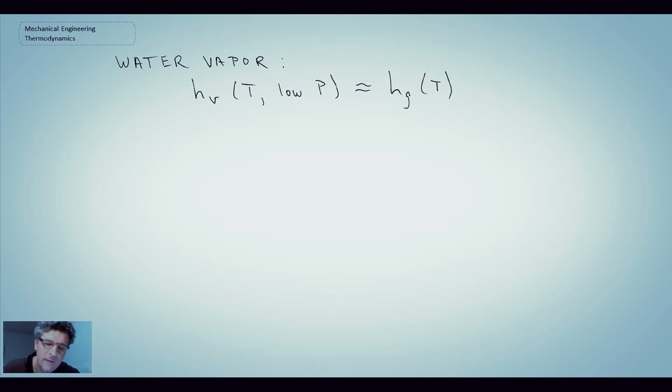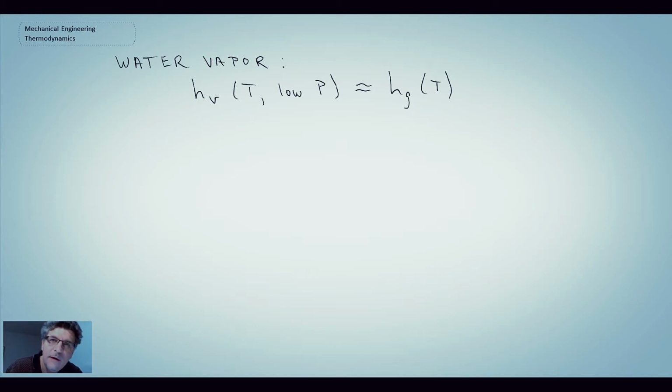So for water vapor, we don't want to have to go into the steam tables every time we want to determine the enthalpy of water vapor. So we make an approximation here as well. And what that approximation is, for a given temperature, we will assume that the enthalpy is equivalent to the saturated vapor enthalpy value at that particular temperature.